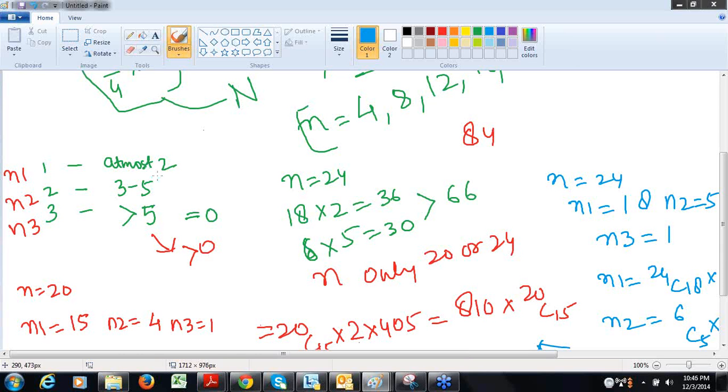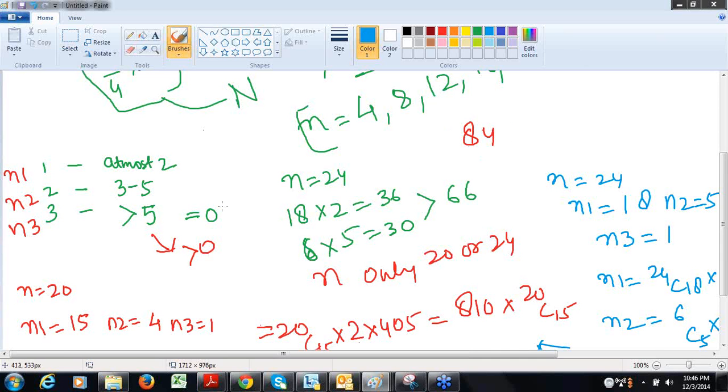So for the first case we are taking at most 2, for the second case we are taking 5, meaning 25% of them have 5, and in the first case everybody has 2. So in that case the maximum possible number of candies is 66, but total candies is 84.